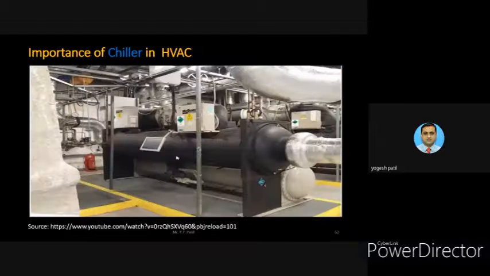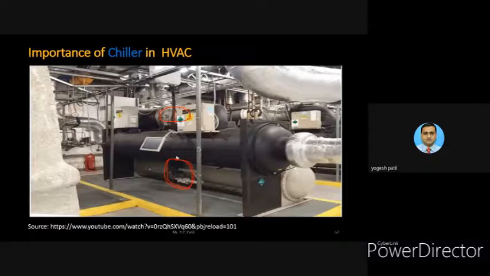And you can see in this, where is that particular expansion valve? The expansion valve is not shown. Yes, you can see it from this particular picture. So this compressor gives output to this expansion valve.